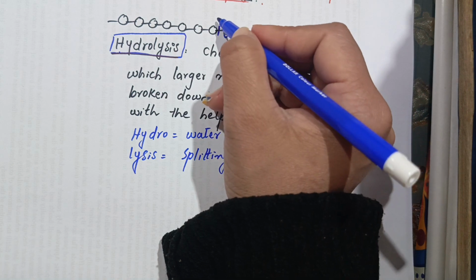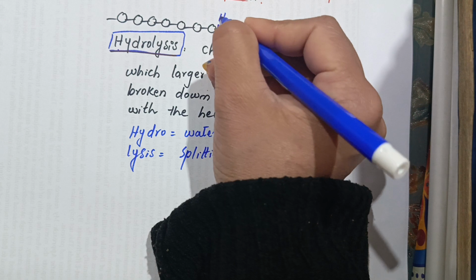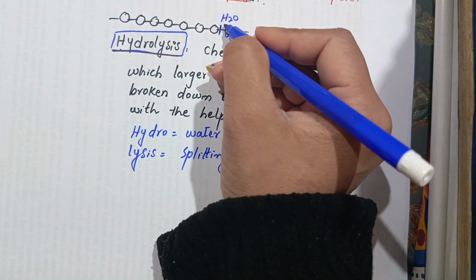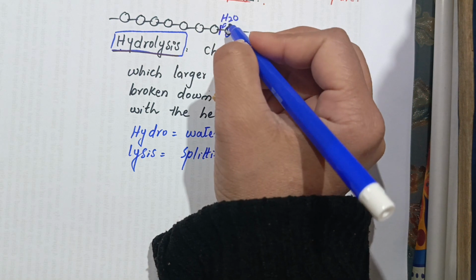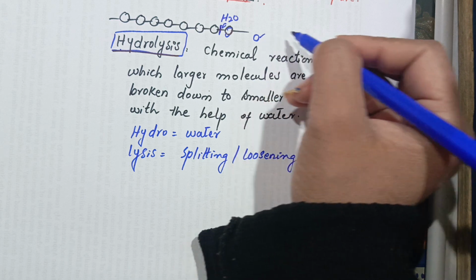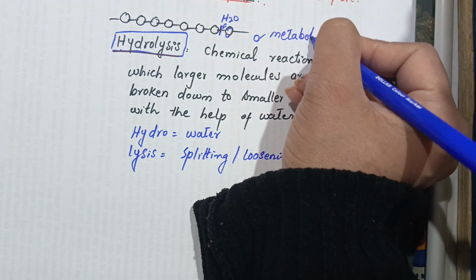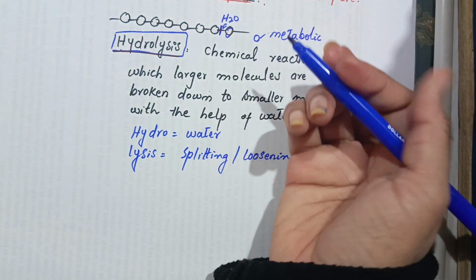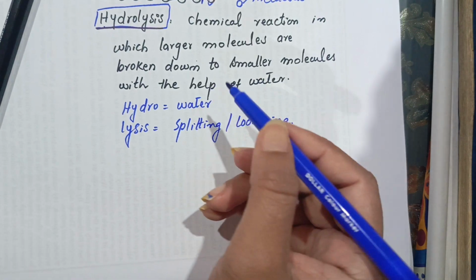For the breakdown of this bond, we have to add a water molecule. By the addition of water, our monomer will be released, and this monomer can then be utilized for any metabolic reaction. It can be for the utilization of energy or for any purpose.